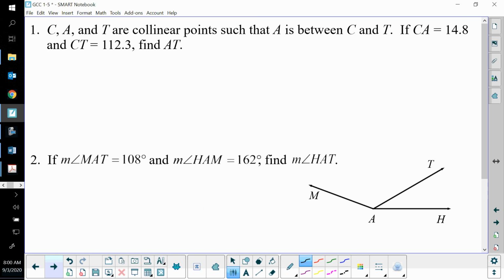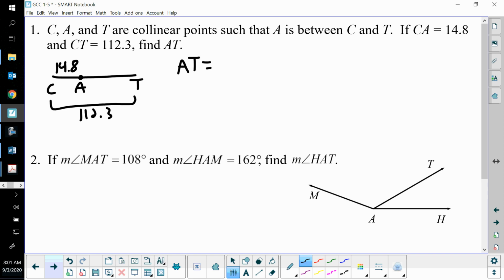Down on the bottom, we're working with CAT again, and A is somewhere between C and T. CA is 14.8, and CT is 112.3. We want to find AT. Well, AT, the small part, is going to equal the big part minus the other small part.